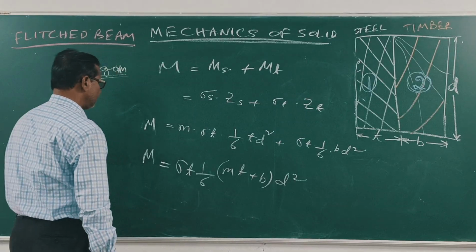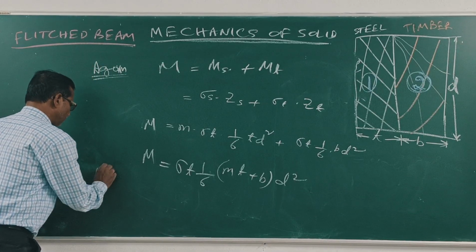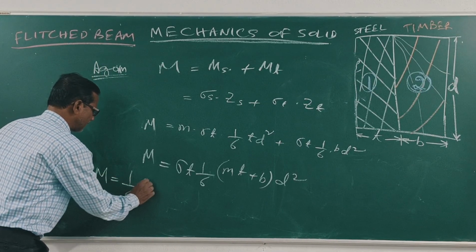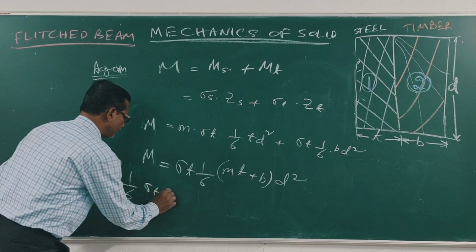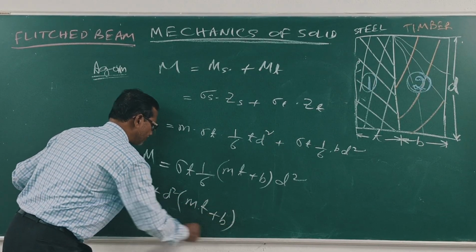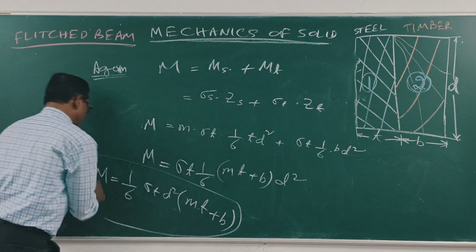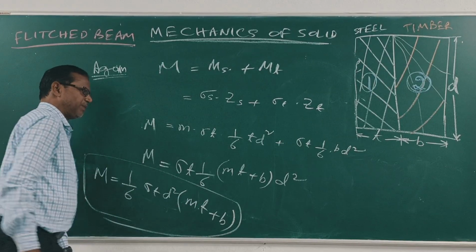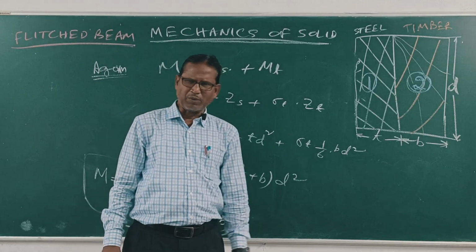Clear? This implies M is equal to 1 by 6 sigma t d square into (m t plus b). This is the total moment resistance for a fixed beam. Clear? Next, I will do problems.